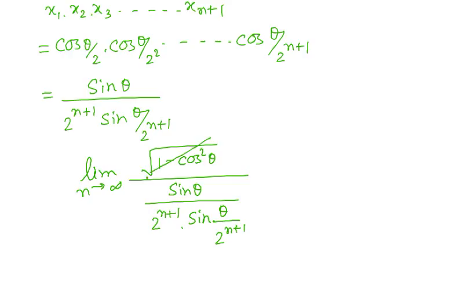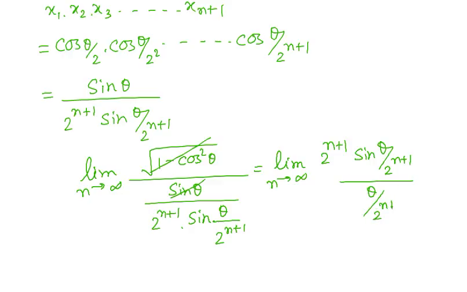So we can easily see that root over 1 minus cos squared theta and sine theta will cancel out, so that we are ultimately getting limit n tends to infinity 2^(n+1) into sine (theta/2^(n+1)) whole divided by theta/2^(n+1) multiplied with theta/2^(n+1).